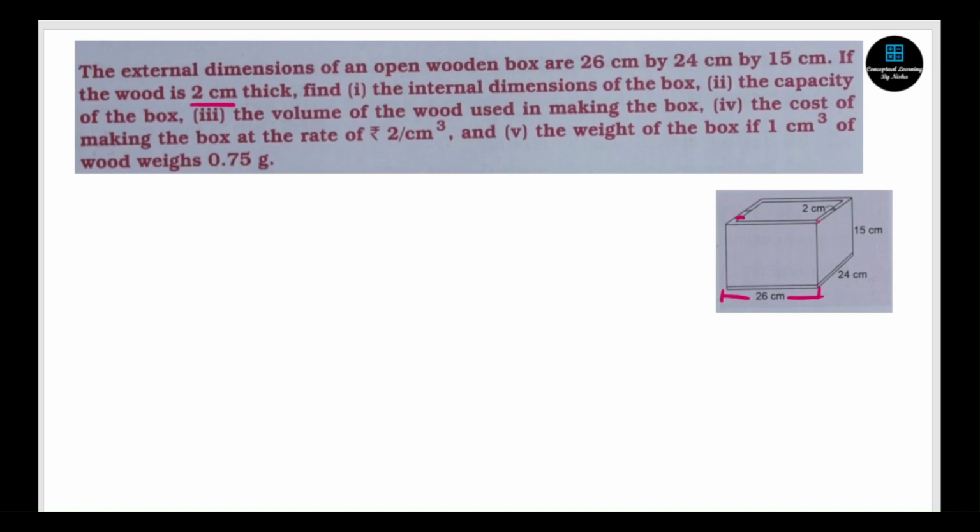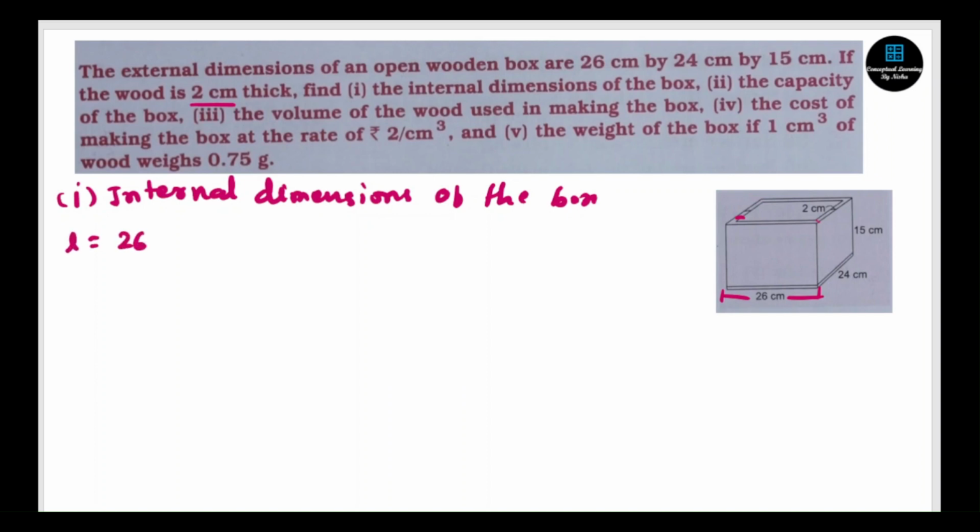So the first answer I am writing, internal dimension. So what do we get? Length is equal to 26 minus 2 times 2. So this gives me 22 centimeter, right?